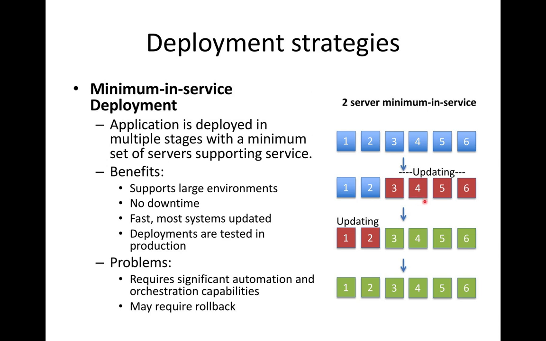And again, our customers are hitting these other 2 servers, so they're not seeing the changes yet. They're not experiencing those changes. So this deployment strategy is a little slower, obviously, than Big Bang because we're not updating all the servers at once, but there's less risk.